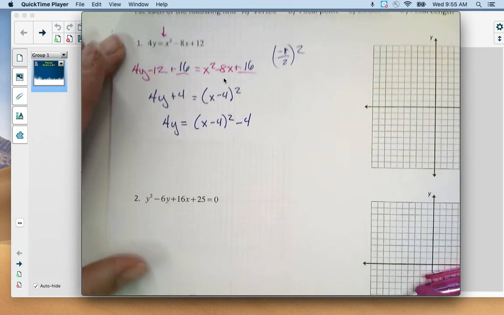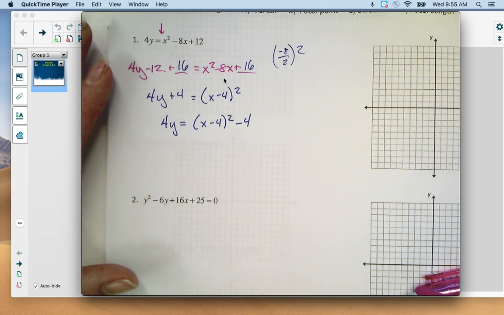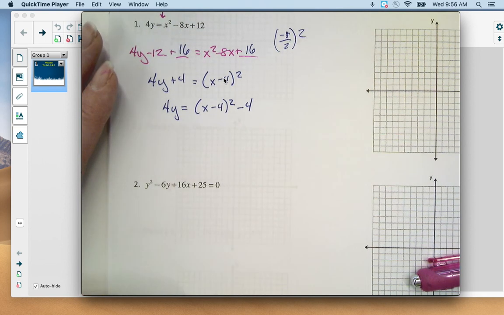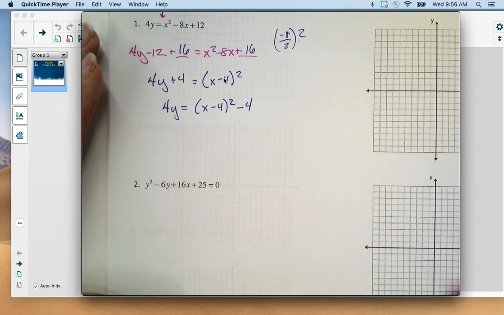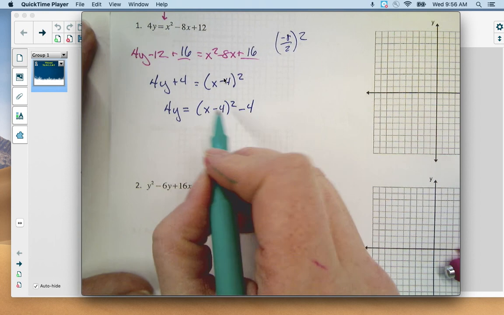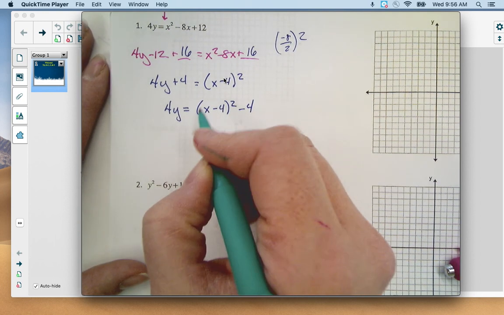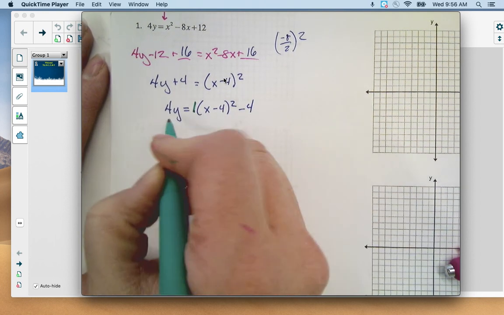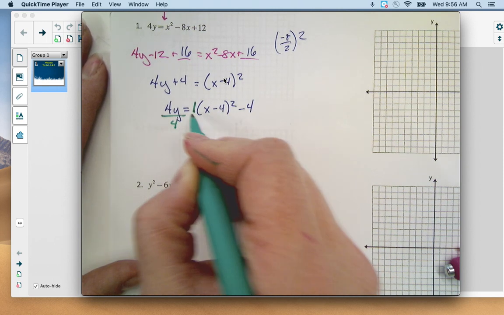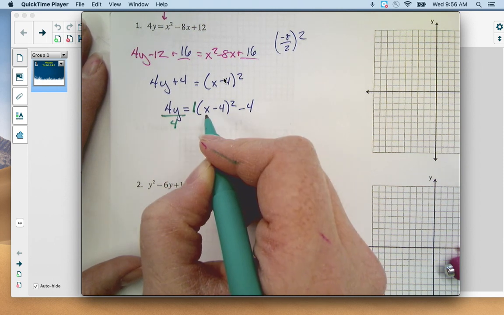And now here's the part where it gets tricky. In order to put it in vertex form, I'm not done. What do I need to do at this point? I need y equals, right? I have to divide through by what? But here's the catch. What number is really in front of these parentheses? A 1, correct? When I divide by 4, am I dividing by what's inside the parentheses?